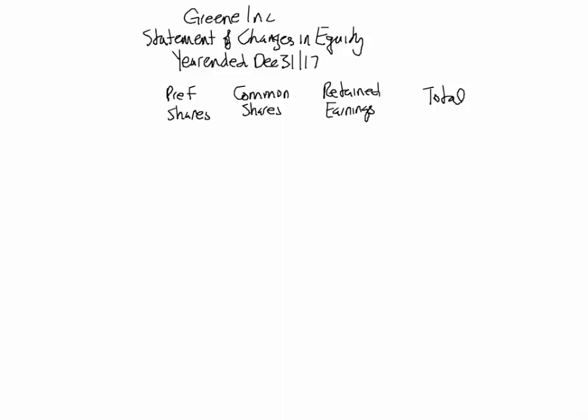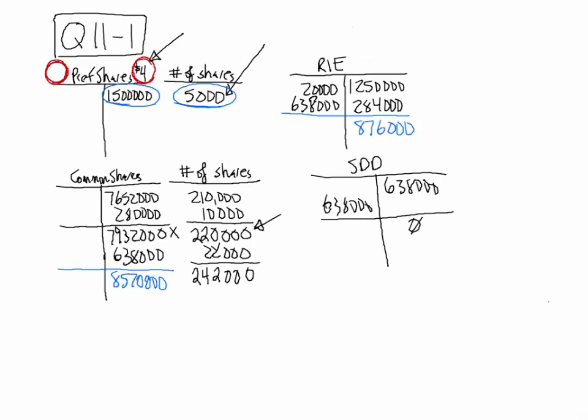So we start with the opening balance at January 1st. So what can I use to do that? Well, the perfect thing to use is my T accounts. All those opening balances at the beginning, those are the balances that I want to put in here.